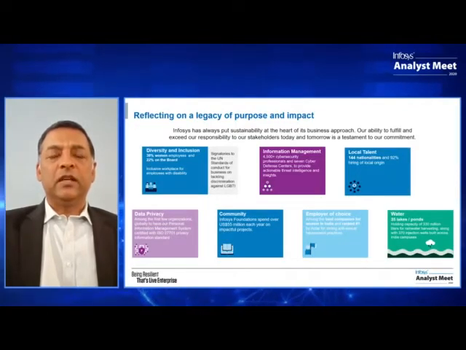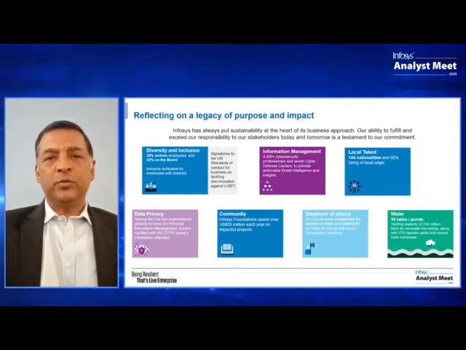Some of the achievements on our larger ESG over the last 10 years, you're well aware of what we've been doing on our diversity. 38% of our workforce is now women employees, and 22% on the board as well. If you see our community record in terms of the Infosys Foundation, we spend over $55 million a year in terms of giving back to the community and supporting the UN SDG goals where we operate as well.